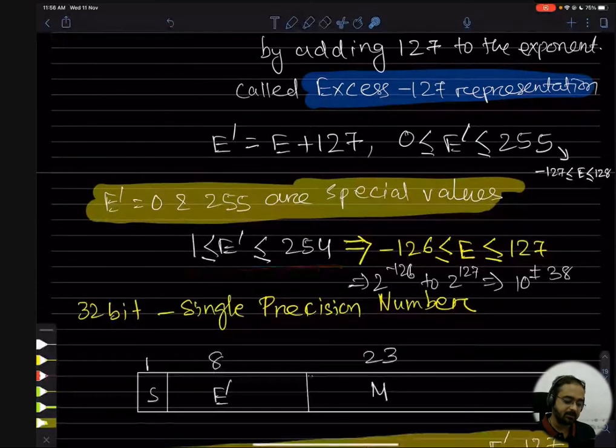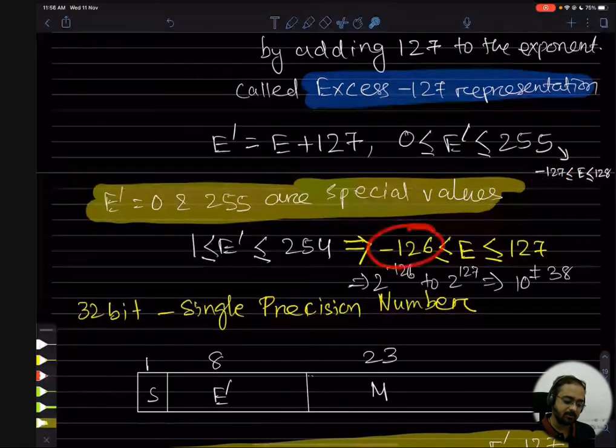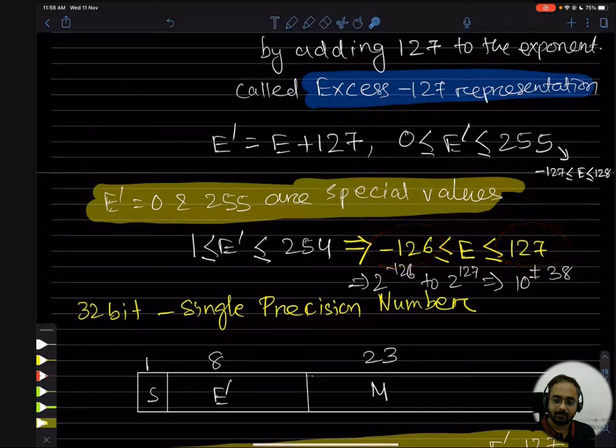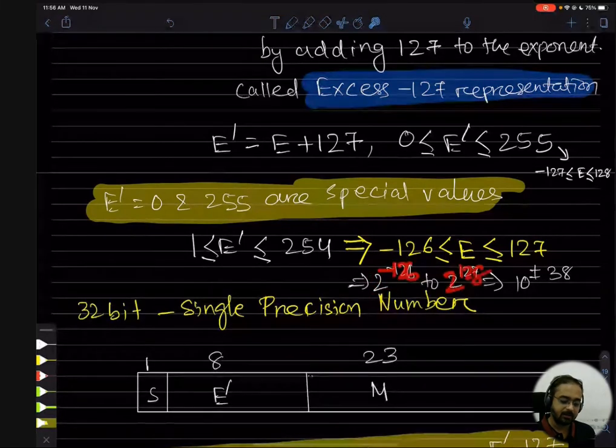Then in signed representation, you remove minus 127 and 128 because they are the end values, and you can use minus 126 to 127. Then you will get an exponent from 2 to the power minus 126 to 2 to the power 127, which is about 10 to the power plus minus 38.